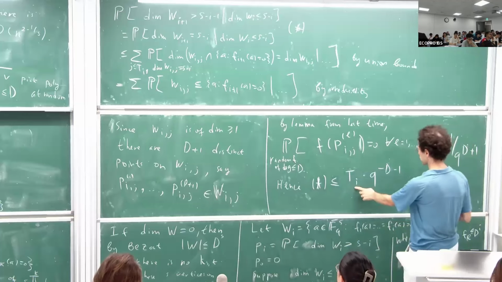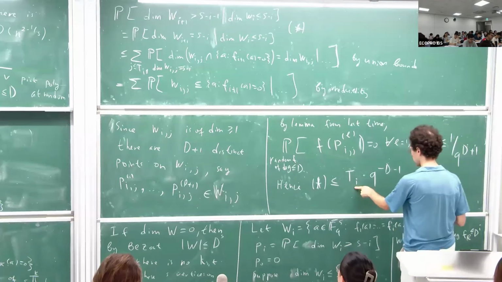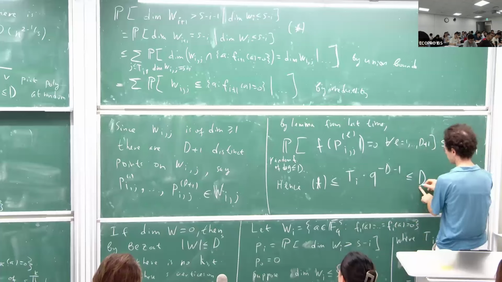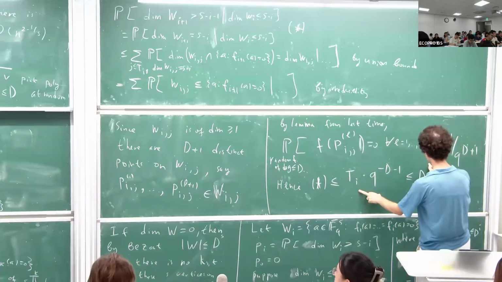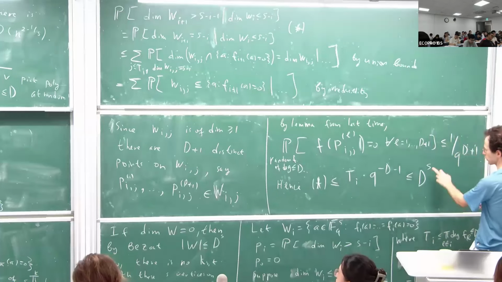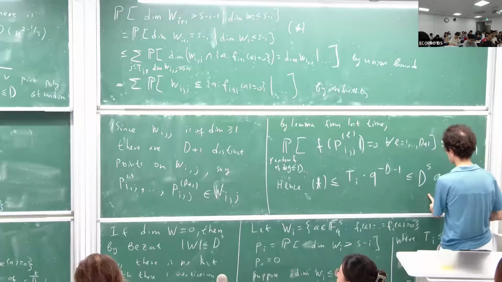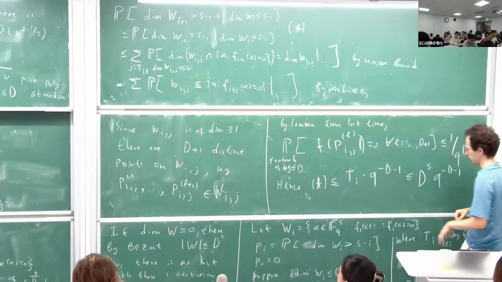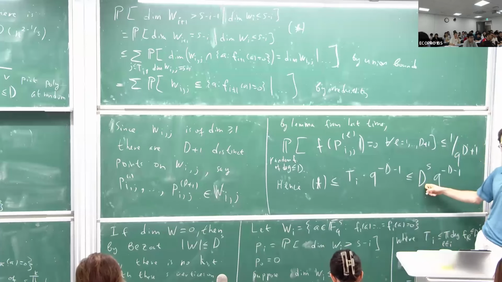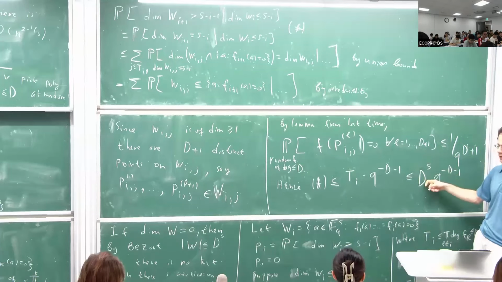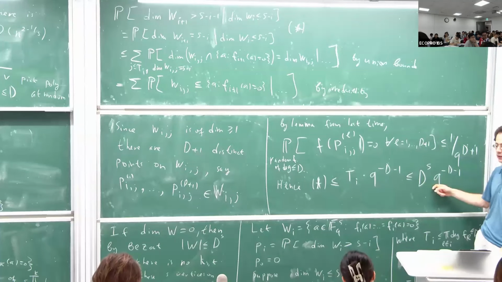Now this is small. It depends only on d, so this is just d to the s. It's actually at most d to the i, but let's be generous. This does not depend on q, right? And d is approximately s squared, so this is just a constant depending on s. It's just a number. As q goes to infinity, this is tiny.